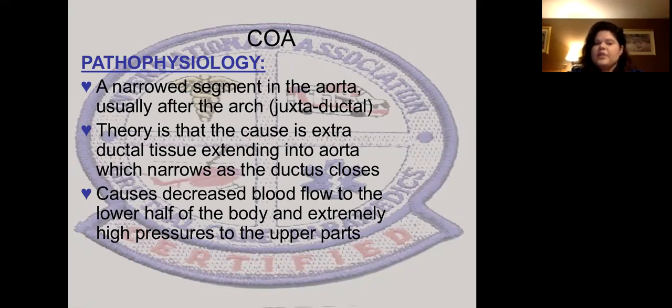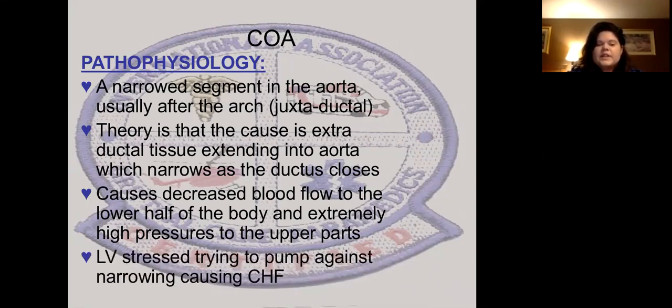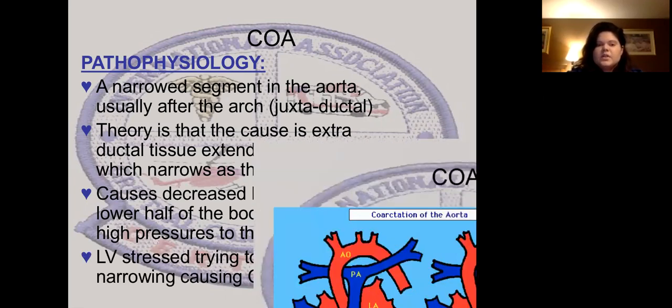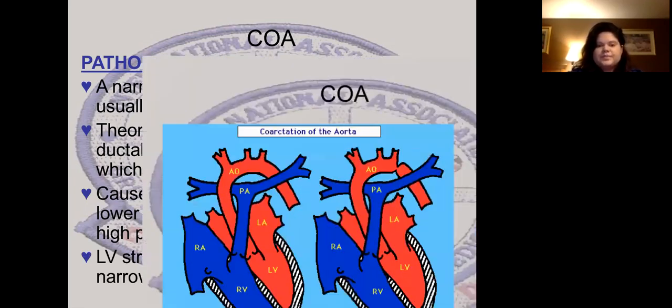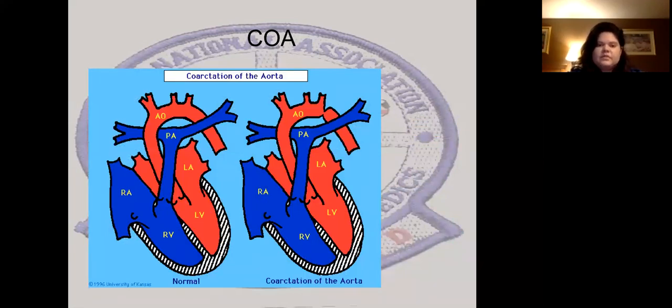So it's going to be harder to get that blood through there. So if you think about it that way, they're going to have that decreased blood flow to the lower half of the body, and then high pressures to the upper parts. The LV stress trying to pump against the narrowing, causing CHF. So this is what that looks like. So you have a normal aorta, and then here you have the narrowing.